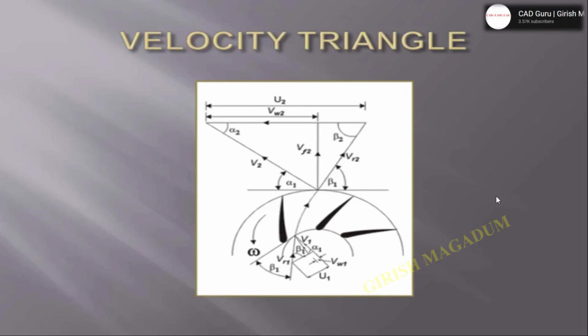These are the velocity triangles. It is very good to see how exactly the output and input velocity will produce the resultant velocity. These are a few velocity diagrams with respect to the forward facing vanes and the radial vanes, and we even have the backward facing vanes. So these are the different vanes here.